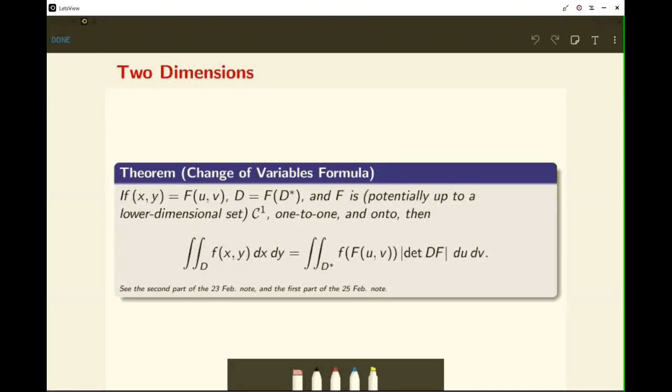It's essentially a one-to-one map, so it's sending each coordinate uv to a unique xy.